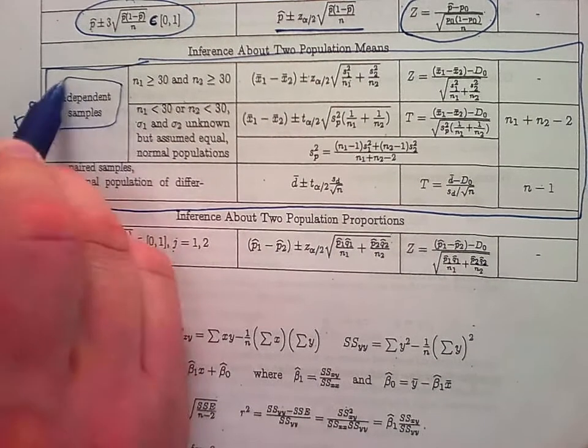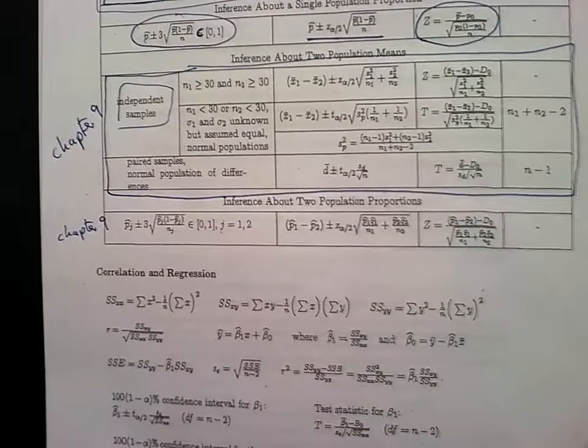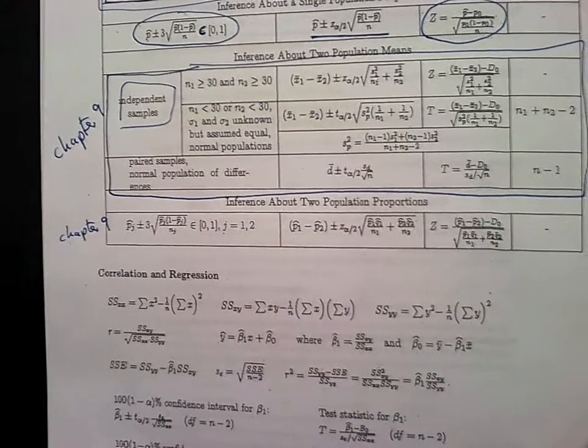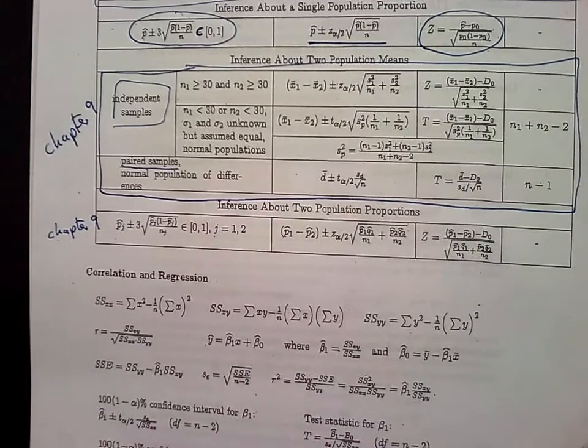We have independent samples, and we also have paired samples. So let's talk about the difference between independent samples and paired samples. The difference between independent samples and paired samples is basically what chapter 9 boils down to.